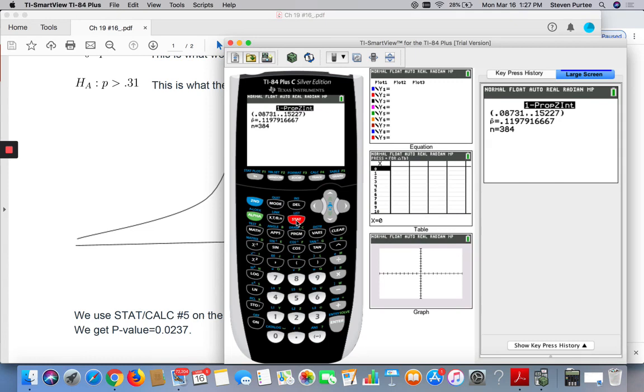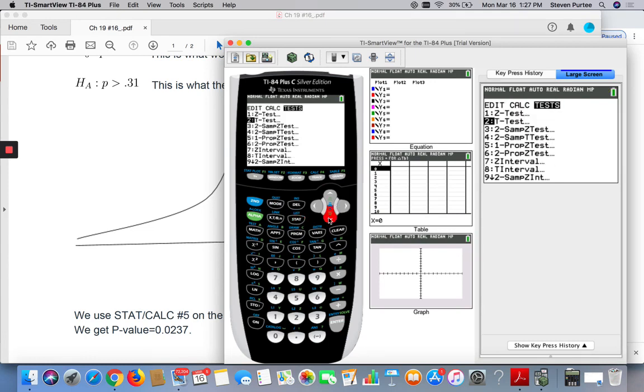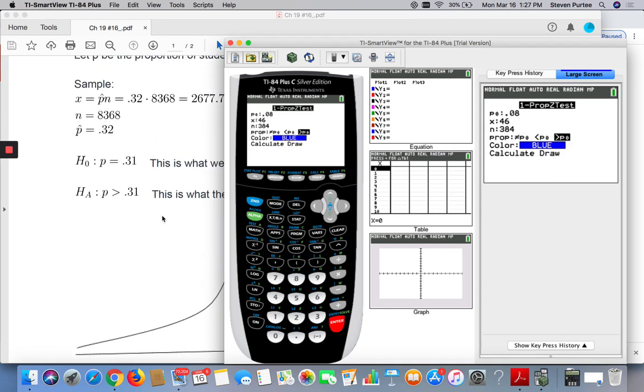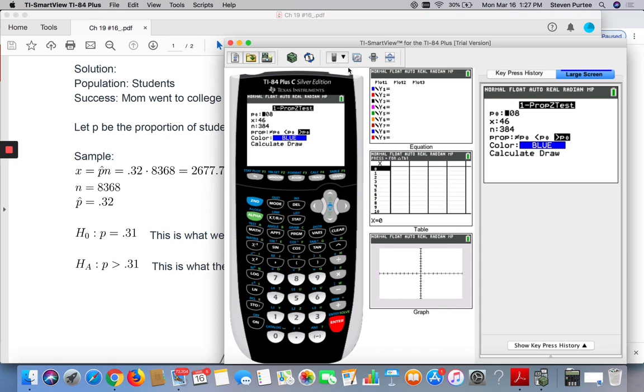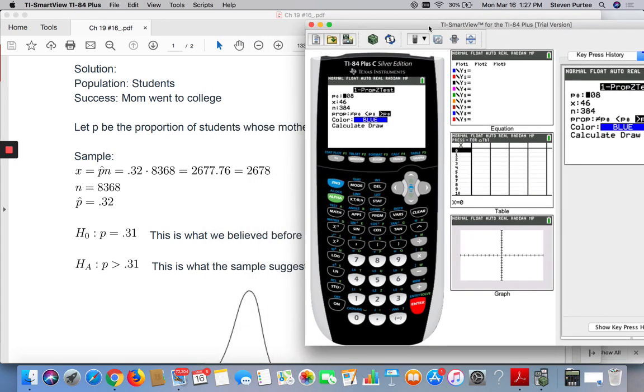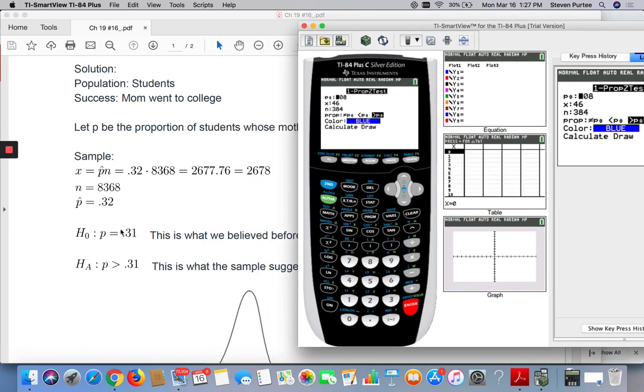So we're going to go stat over to tests, down to number 5, 1 prop z test. We're going to type in our X and our N and our P naught. P naught is this number here, the number we used to believe before we did the sample.